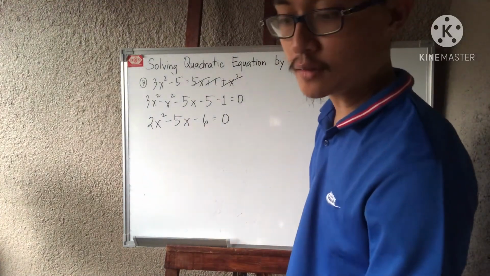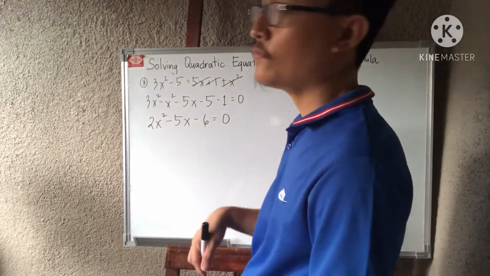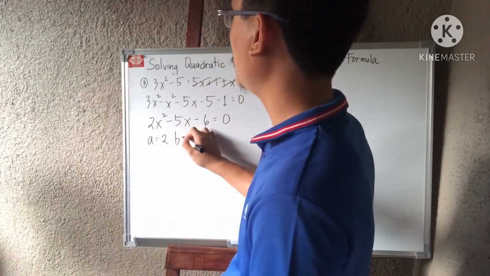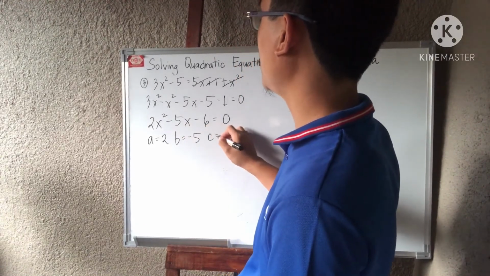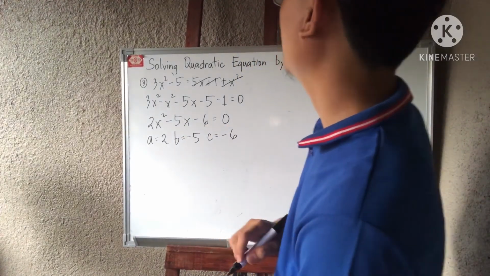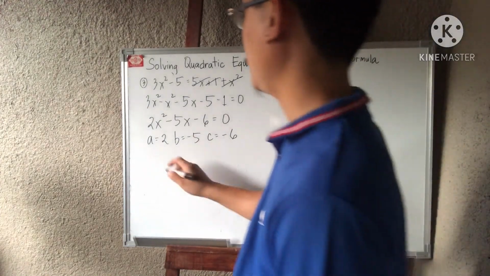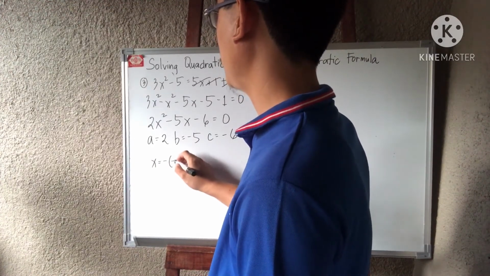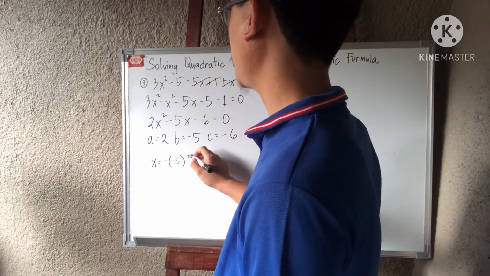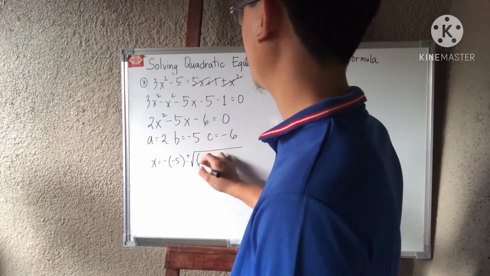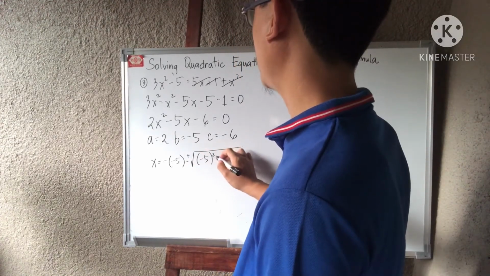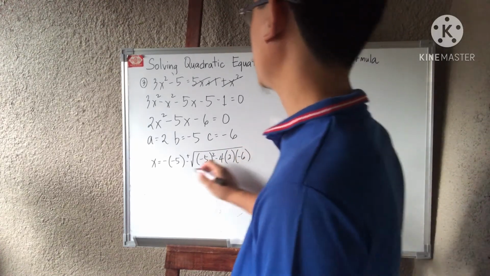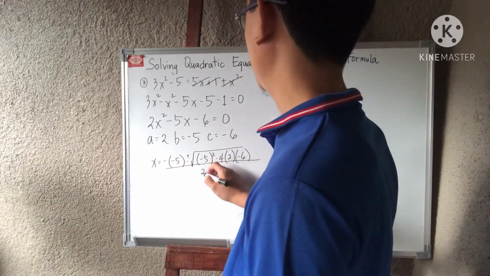So, ito na equation natin. Kunin na natin yung values ng a, b, and c. So, you have a is 2, b is negative 5, c is negative 6. So, plug in na natin siya sa ating formula. So, you have x equals negative b plus minus square root of negative 5 squared minus 4 times 2 times negative 6, all over 2 times 2.